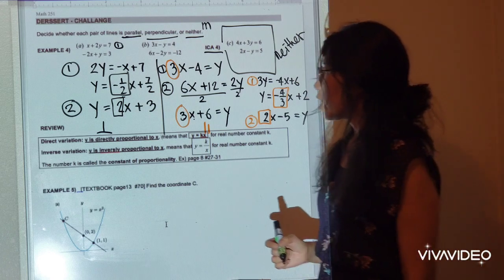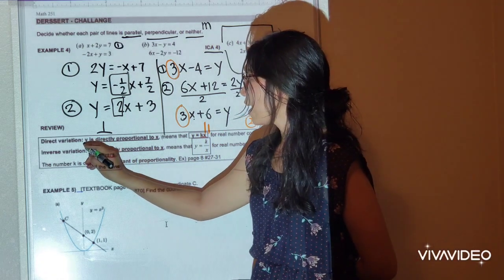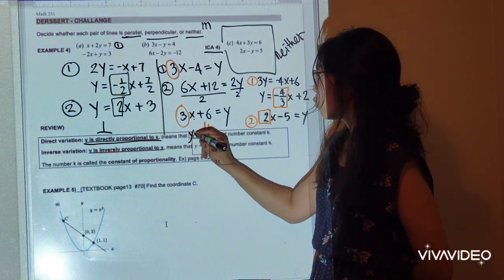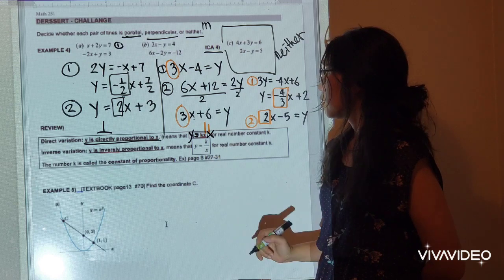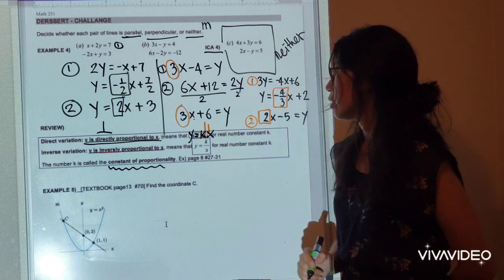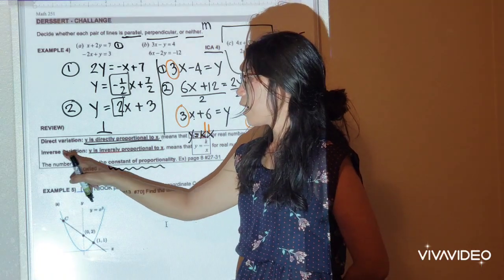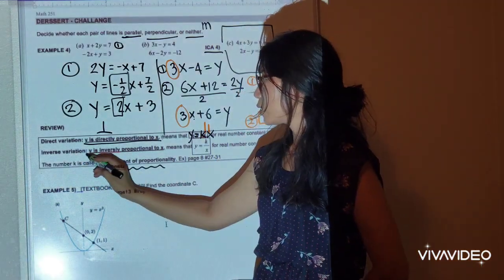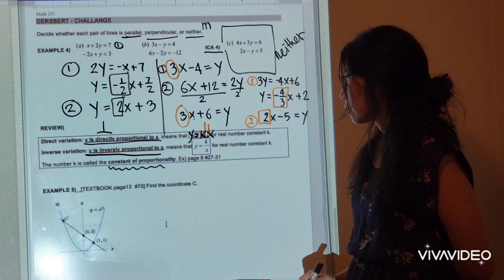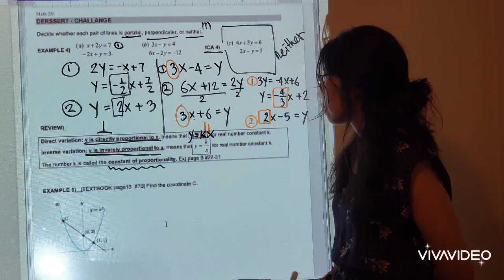Okay, so let's review some proportionality. If y is directly proportional to x, it has a linear equation, y is equal to x. But we also have to use the constant of proportionality, which is k. So you can think of it as y is equal to kx. If the variation has an inverse relationship, we say y is inversely proportional to x.